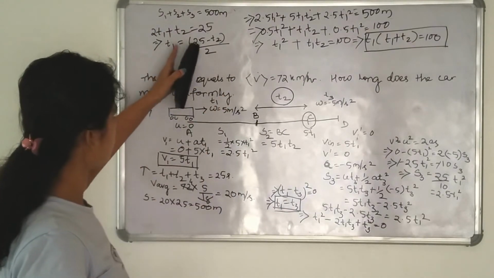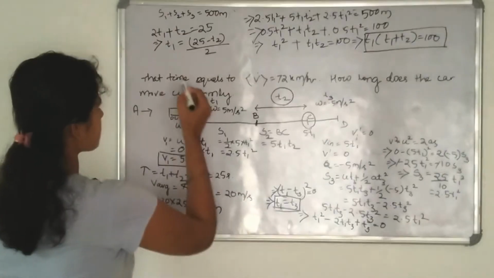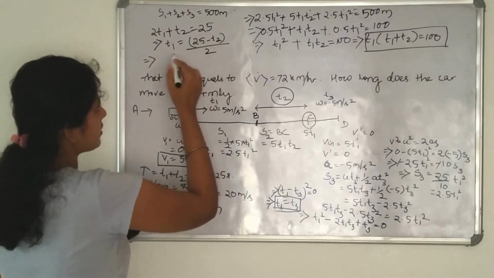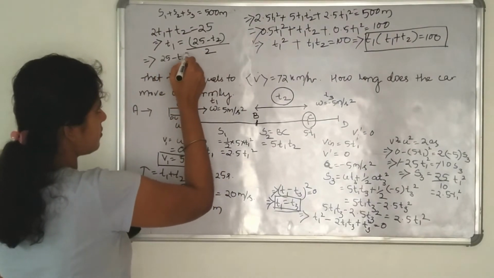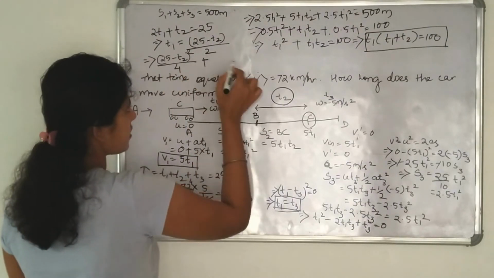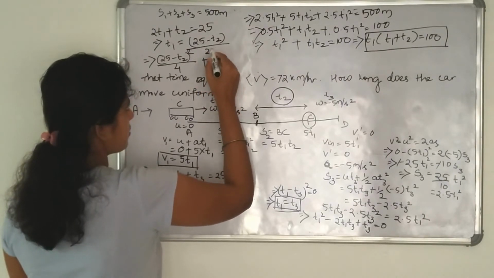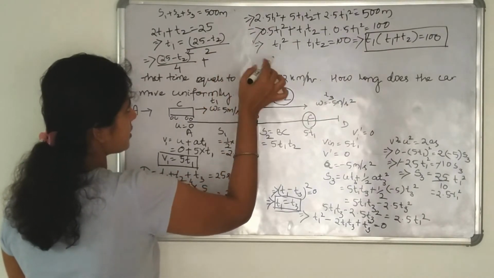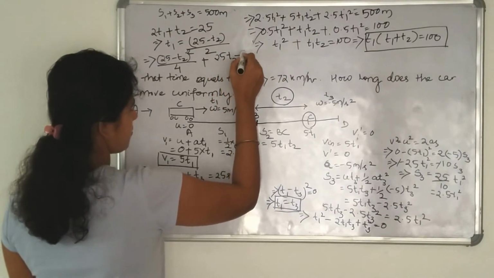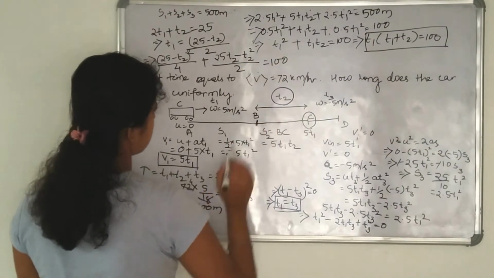So we have to put the value of T1 in terms of T2 in the equation. This simplifies to 25 minus T2 whole square divided by 4, plus T1 into T2, so 25 minus T2 divided by 2 into T2. So it is 25 T2 minus T2 square divided by 2, is equal to 100.